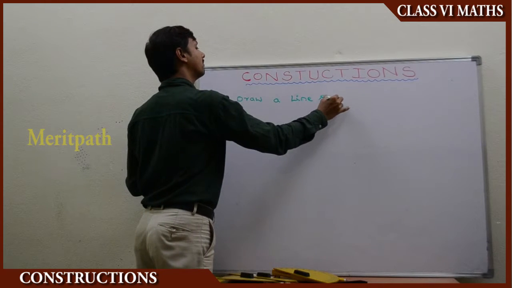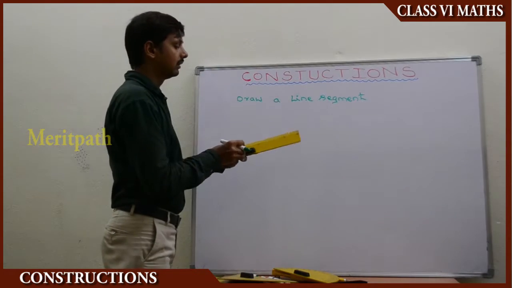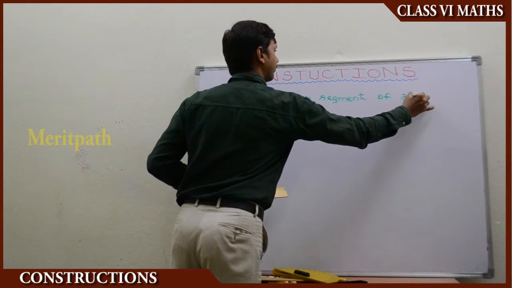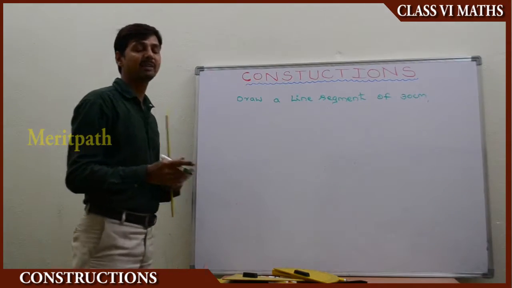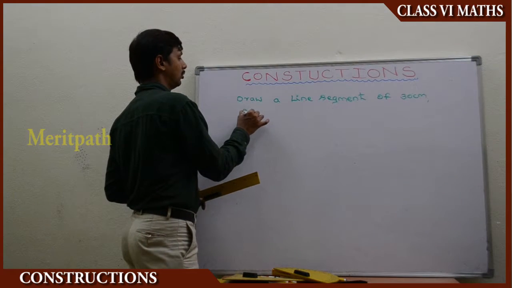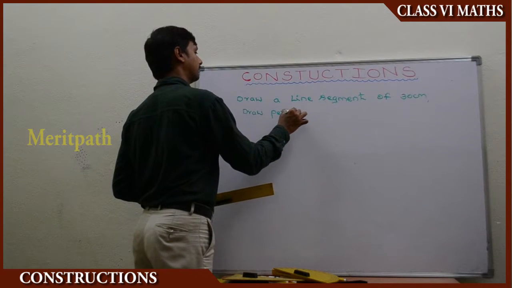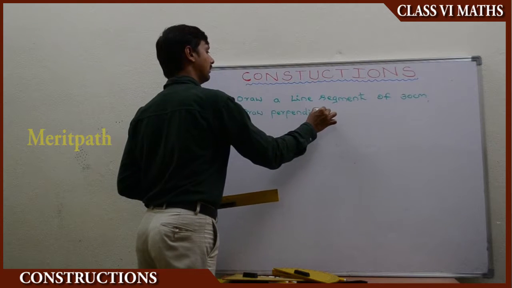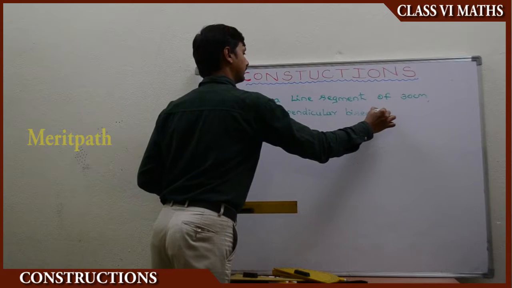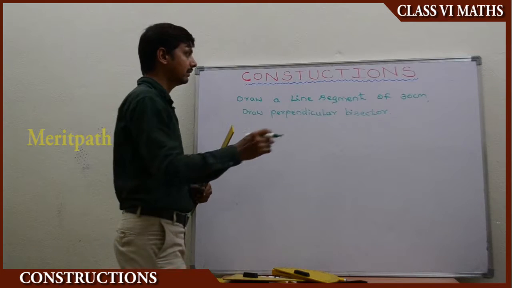Draw a line segment of 30 centimeters and draw the perpendicular bisector for it.